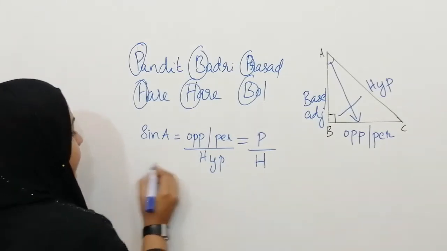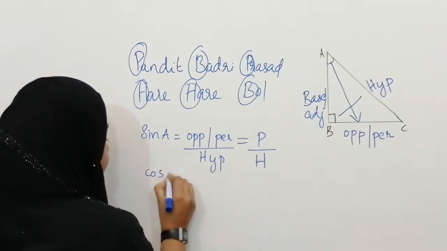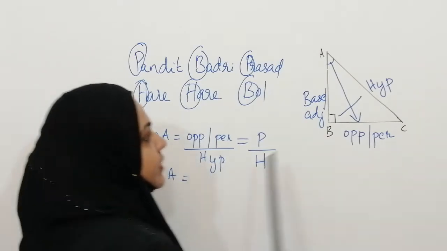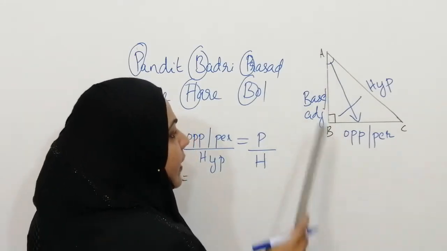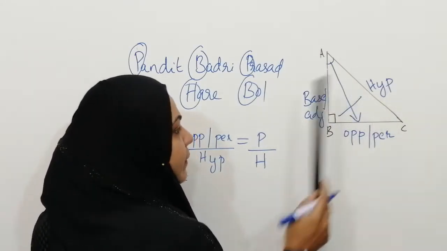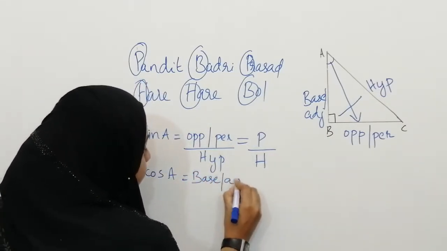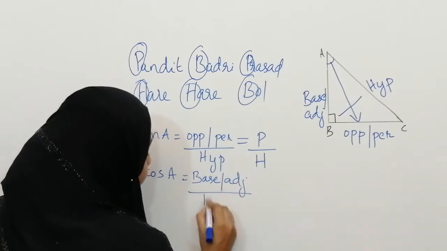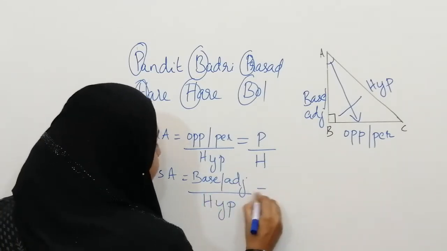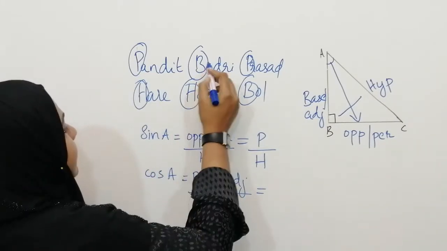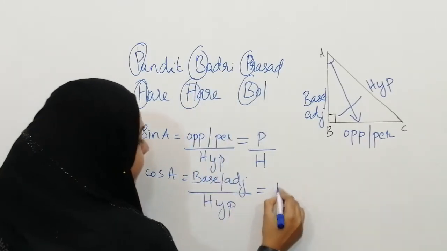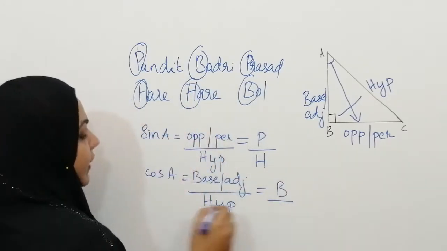Similarly, we can write cos A. Cos A is the ratio of base or adjacent to hypotenuse. So Badri: what is the first letter of Badri? B. And the first letter of Hare?